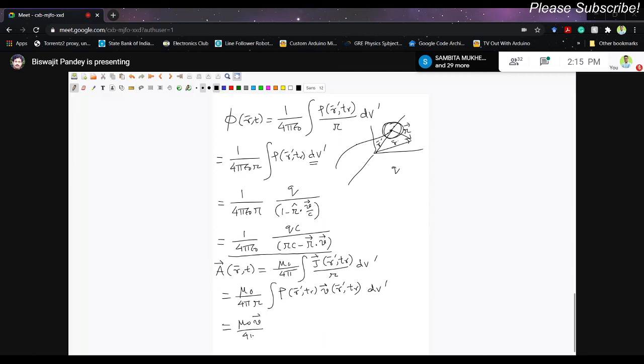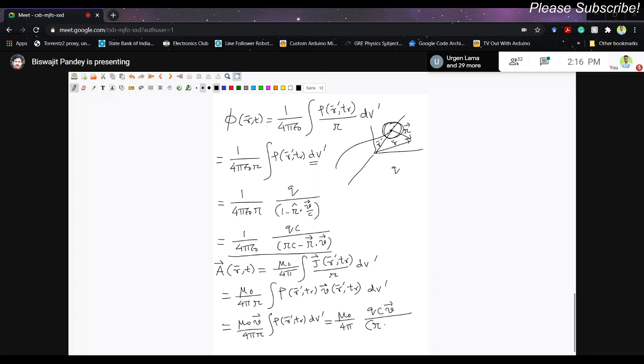So if you do that, then what do we get? We get something like this: mu 0 by 4 pi, that's the constant, and then we have q c velocity v divided by rc minus r dot v.